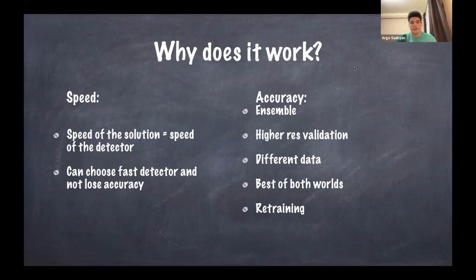And the last point is that we can easily retrain the classifier after deployment, as I've said, on new objects which are often detected as a gun. We can use that to retrain our classifier, and that should not affect detection scores. Of course, you can retrain the detector too. You just need to do more work. That's about labeling. And with the classifier, it's a lot easier to implement.